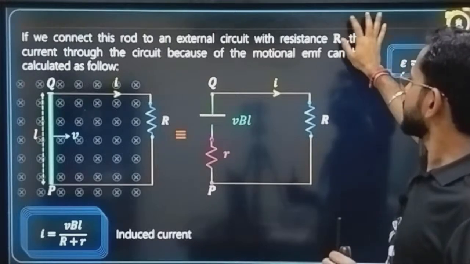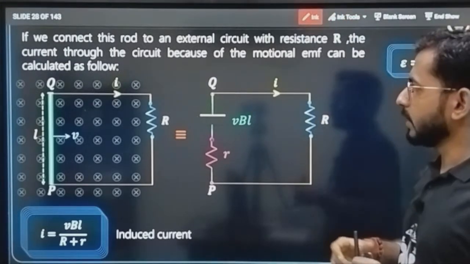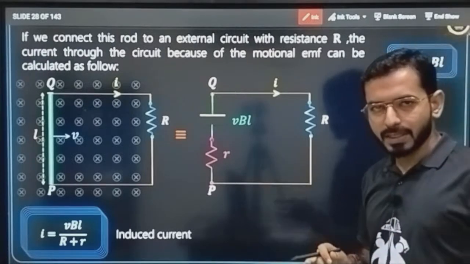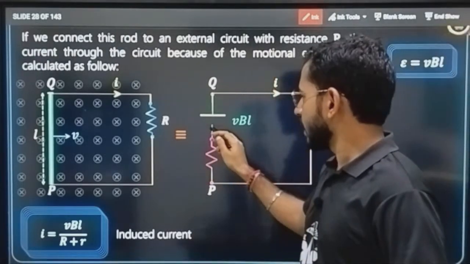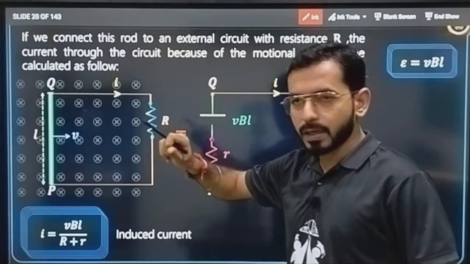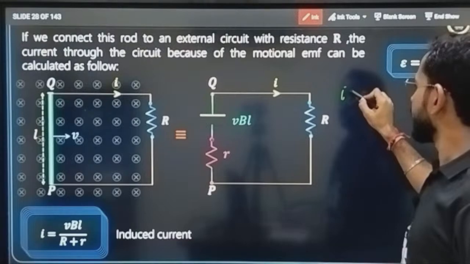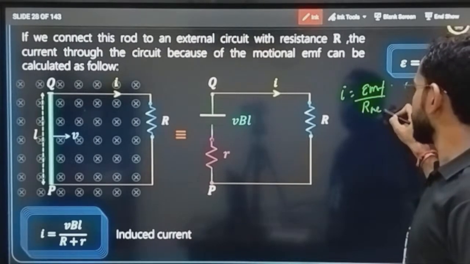So let's see. A complete circuit is drawn here, and some external resistance is also connected. If someone asks you how much current is going to flow in the circuit, how will you do that? Current can be written as the total EMF generated in the circuit divided by the net resistance.